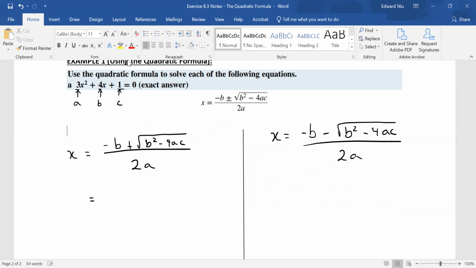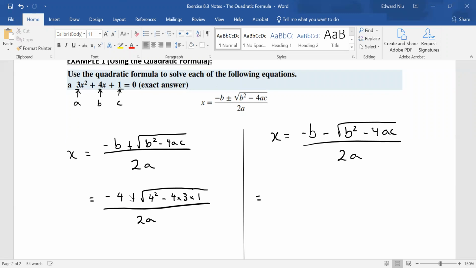For example, the first one will have negative b, which is 4, plus the square root of 4 squared, take away 4 times a, which is 3, times c, which is 1. All this is divided by 2a.